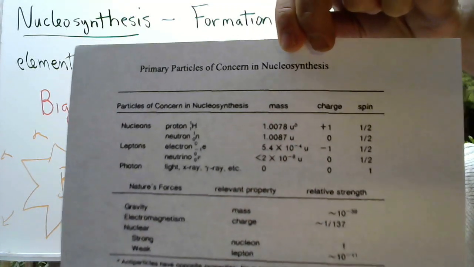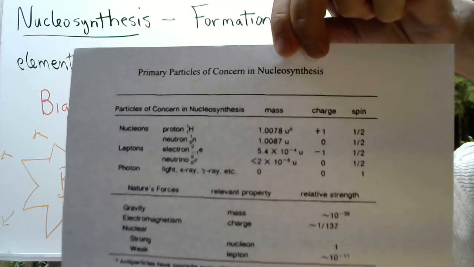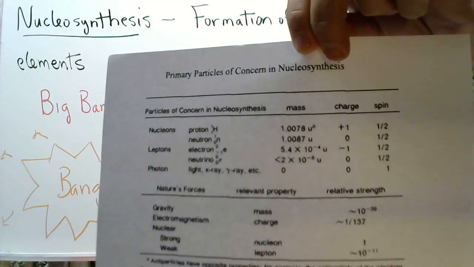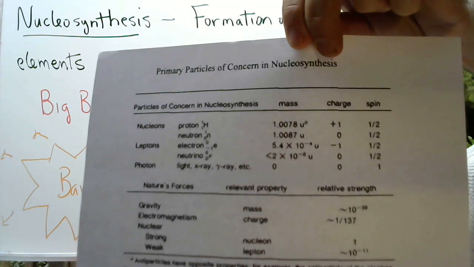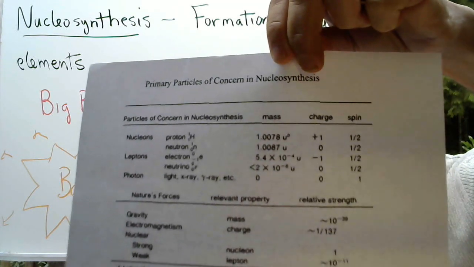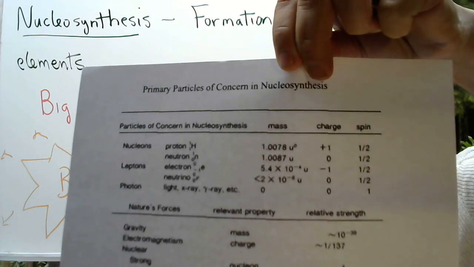We have leptons, which are electrons, positrons, neutrinos, antineutrinos, and also photons, which we know also as light. These particles behave as waves and they behave as particles.